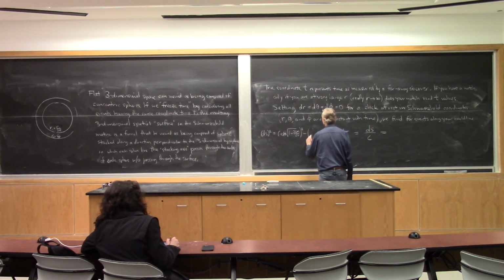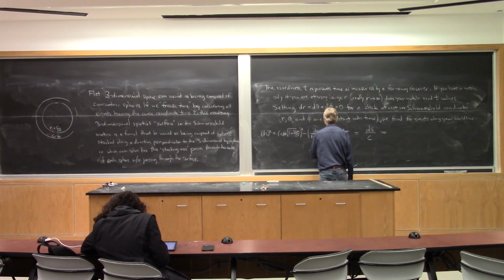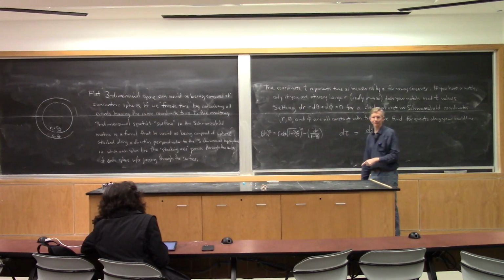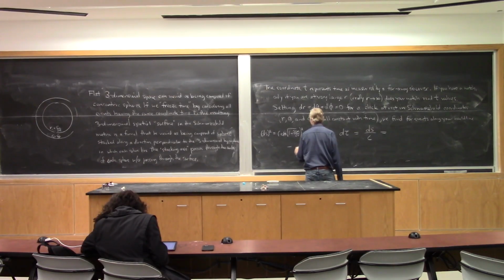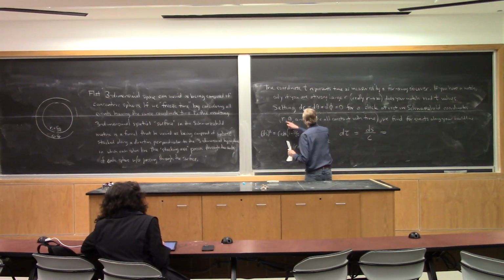So it's minus dr over the square root of 1 minus 2GM over c squared r, squared, minus r d theta squared minus r sine theta d phi squared. Okay?